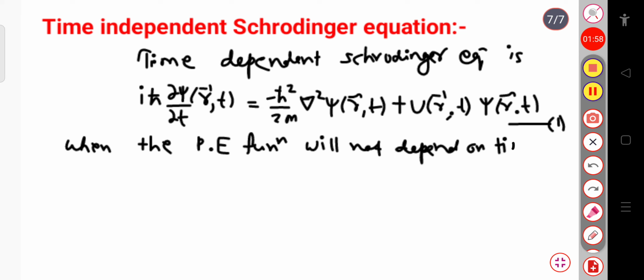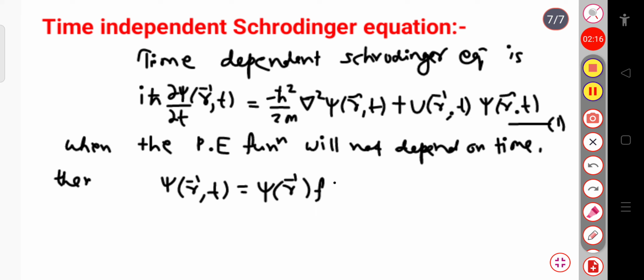then we can write psi of r,t as psi of r, that is, psi will depend on the r position, and I will take another function f, and it is a function of time.